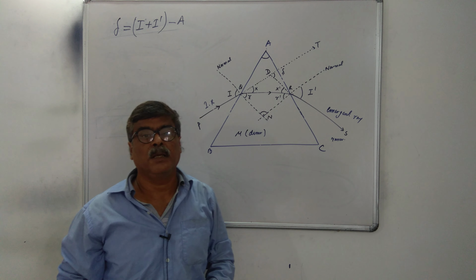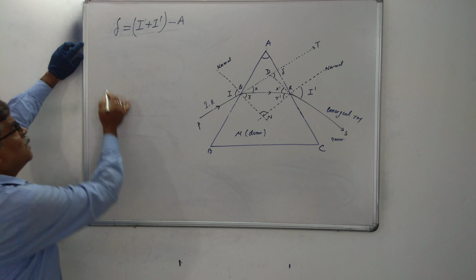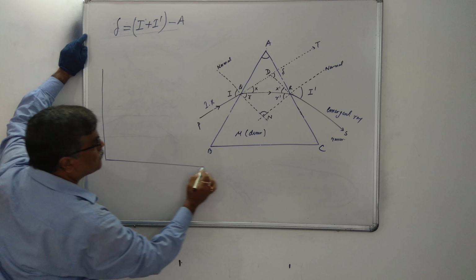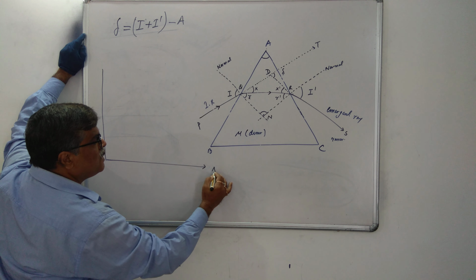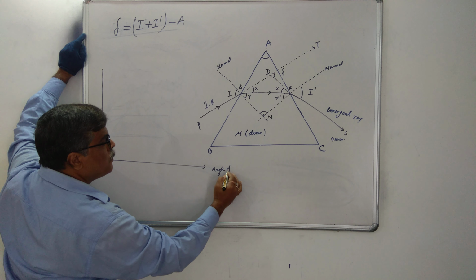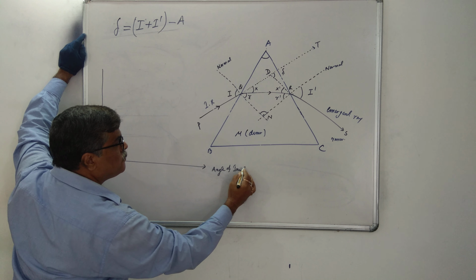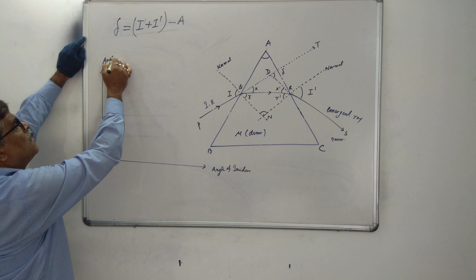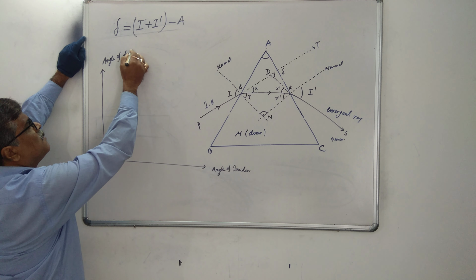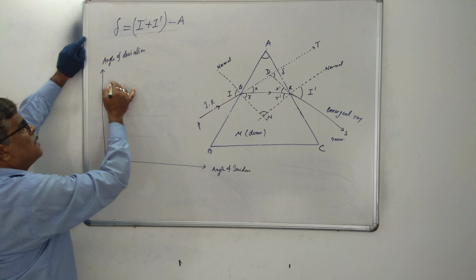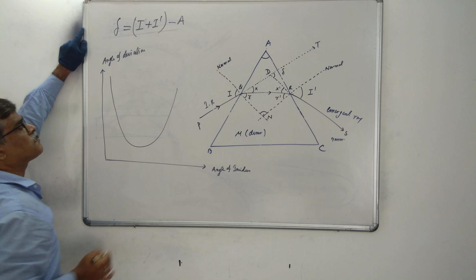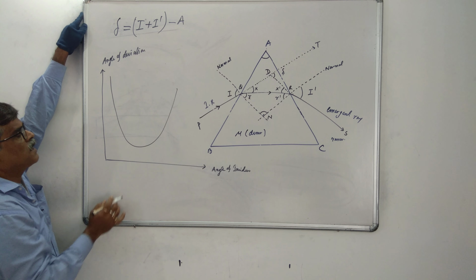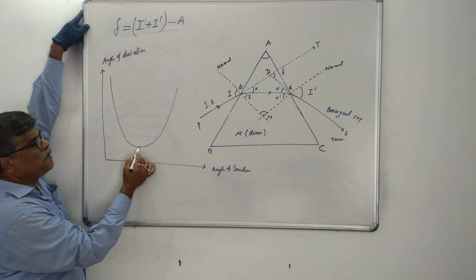That is why if you plot a graph between angle of incidence and angle of deviation, the nature of the graph is this way. So what is the meaning?